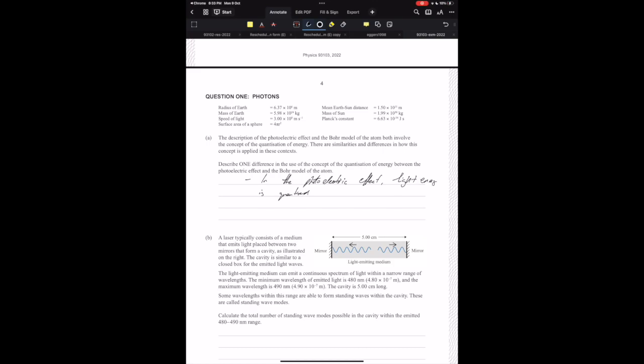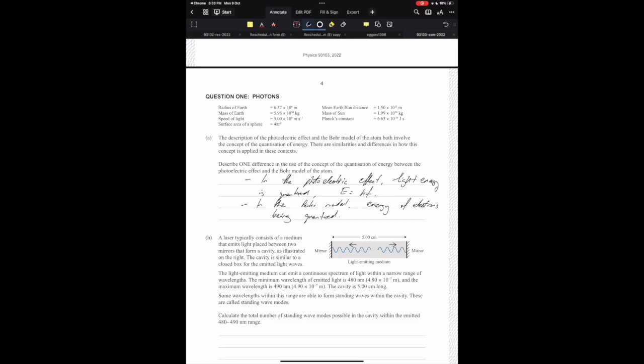And it's being quantized as photons, and we know that the formula for that is equal to hf. And in the Bohr model of the atom, it's the energy levels in the atom which are being quantized. So the energy of the electrons in the atom being quantized.